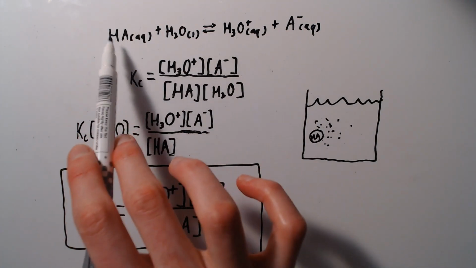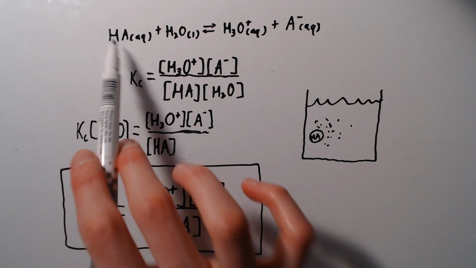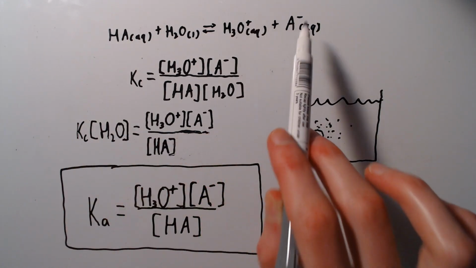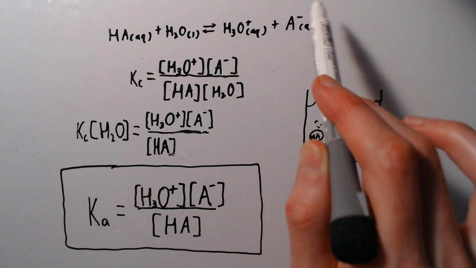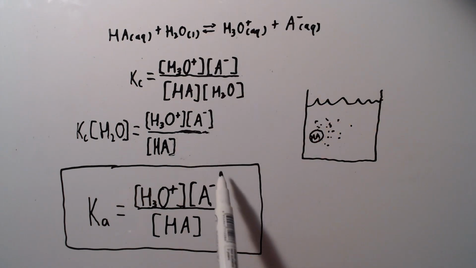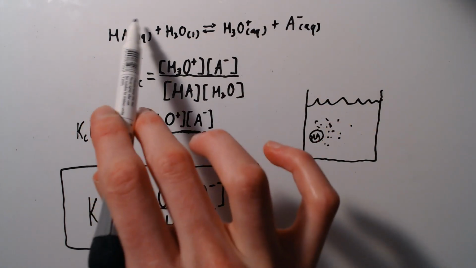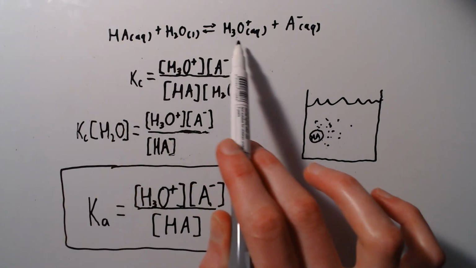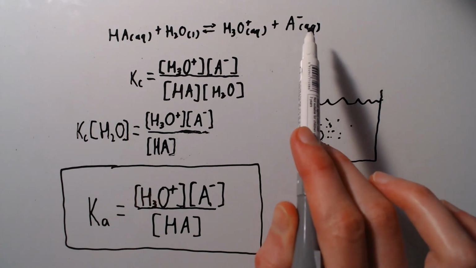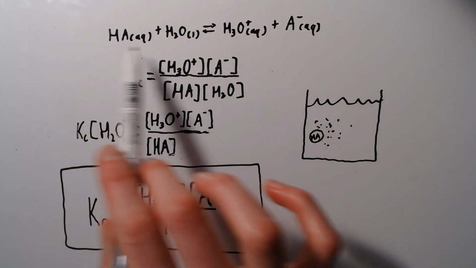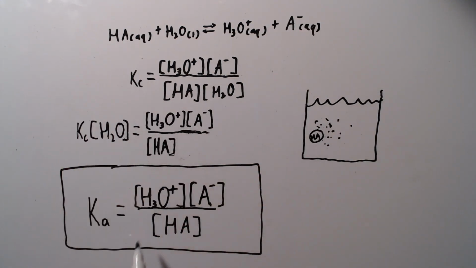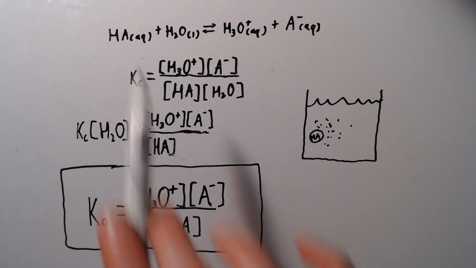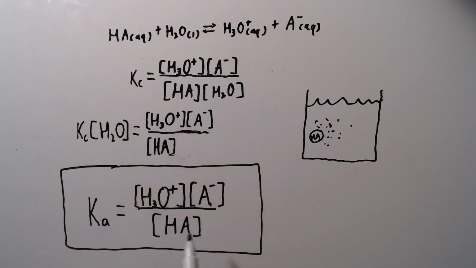So let's say some of this acid dissociated and produced H3O+ and A-. We would have this portion on top and the HA on the bottom, and we would measure the relative amount of H3O+ times A- versus the HA on the bottom, whatever concentration of that acid is left over.